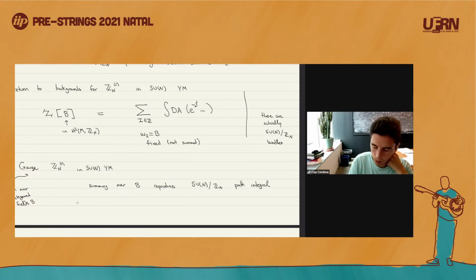So what we learned from this is a rule for what happens when you gauge a one-form symmetry. SU(N) Yang-Mills, this is really more general, so maybe I'll just say gauge theory. SU(N) gauge theory plus gauged Z_N^(1) is the same thing as what is normally meant by SU(N) mod Z_N gauge theory.